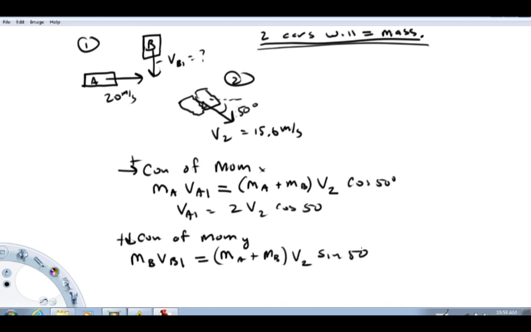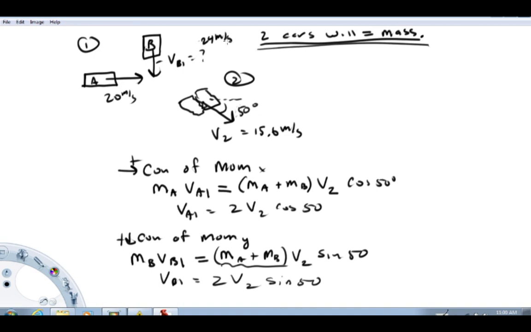Again, these masses are equal, so we can call it m and write that term as 2m, and the mass divides out. We get VB1 is equal to twice V2 sine 50. Solving that for VB1, I get about 24 meters per second.